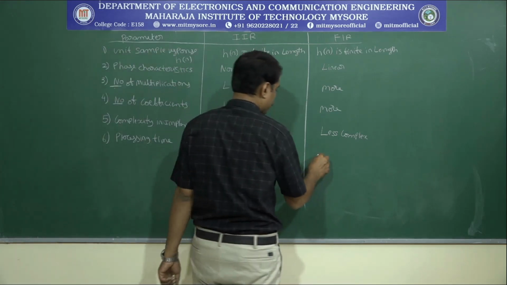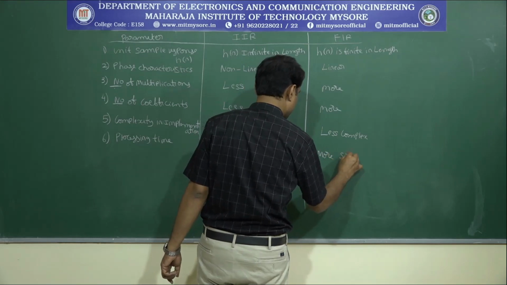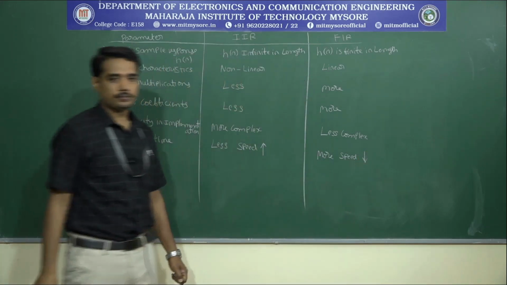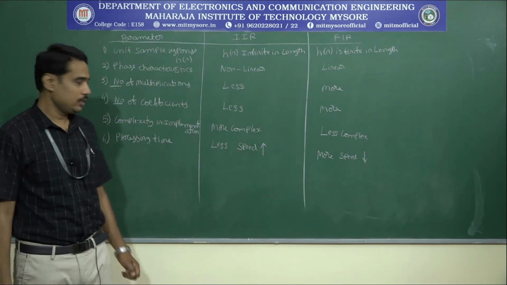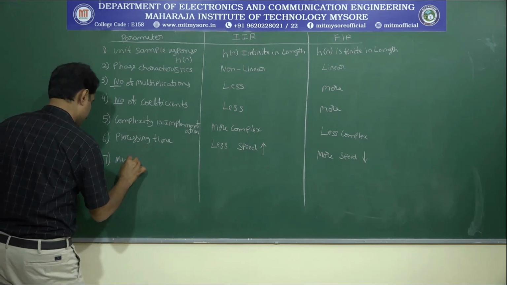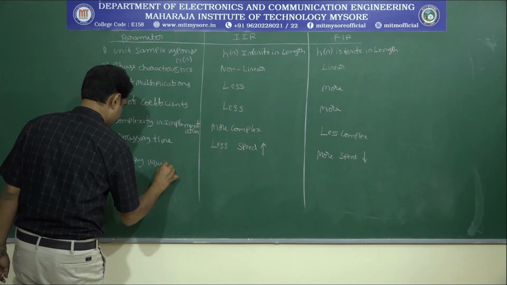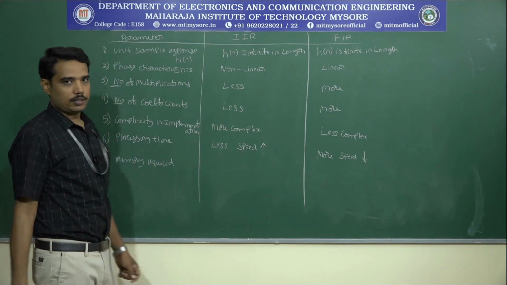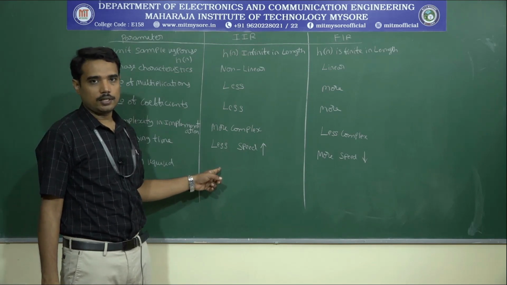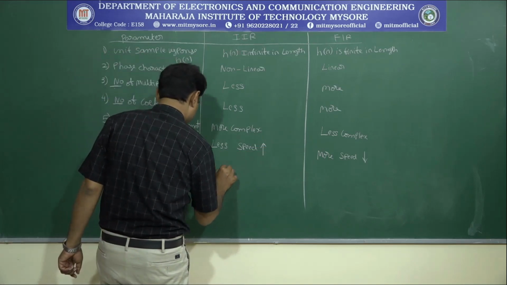Computational time for FIR is more and speed is less. Next is memory required. Obviously, less memory is required in case of IIR and more memory is required in FIR.